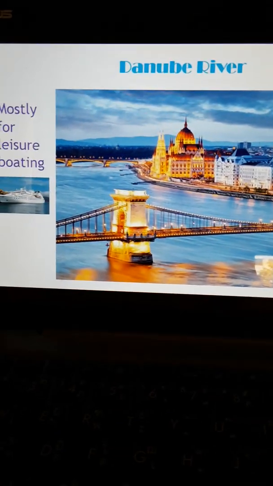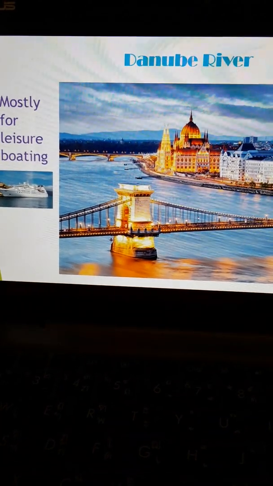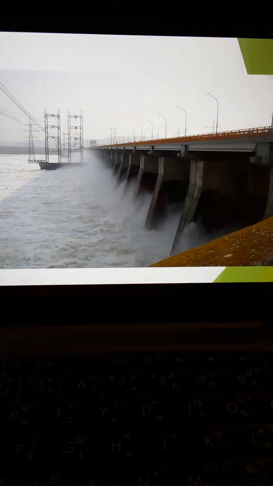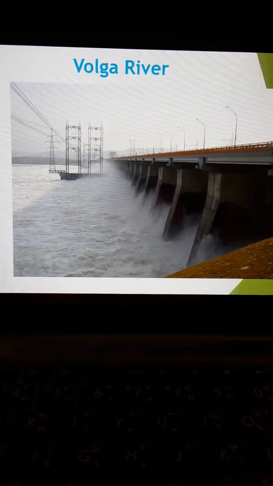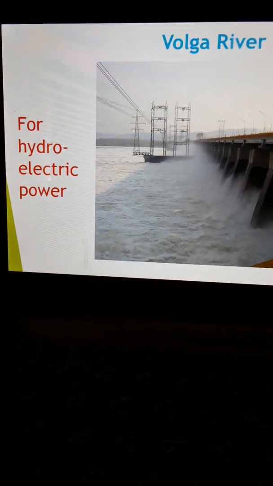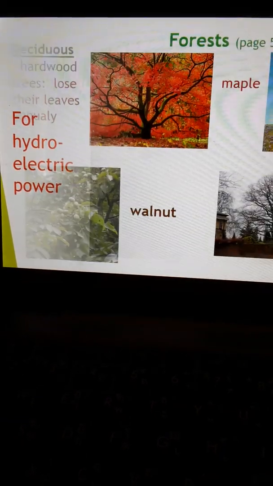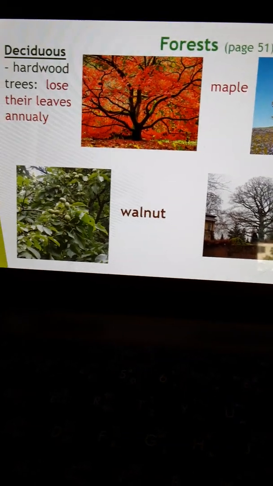This one is considered mostly for leisure boating. There is another important river in Europe, which is the Volga, the longest river in Europe, and this is used for hydroelectric power.